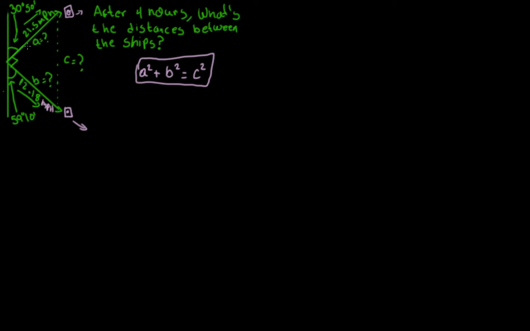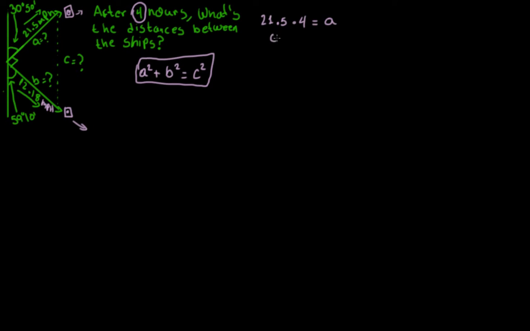So think about it. What is A? We know that they are going in this direction at 21.5 miles per hour, and we have 4 hours, right? So in order for us to get A, we can write 21.5 times 4 is equal to A. So I get 86.